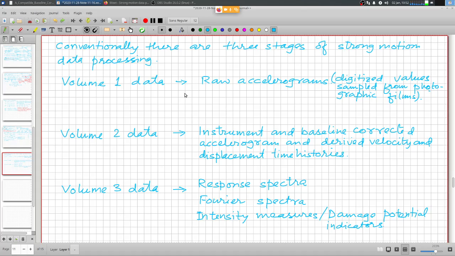So that has to be looked at, and once we have this volume 1 data and isolate the earthquake event, then we can go ahead with the instrument and baseline correction, the corrected accelerogram, and derive the velocity and displacement time history.